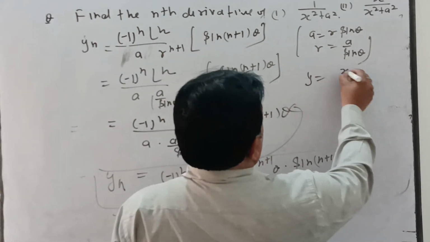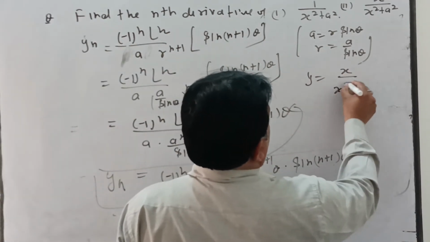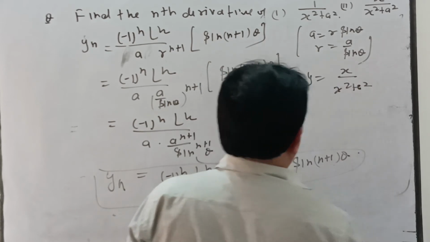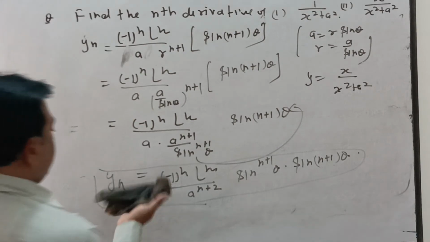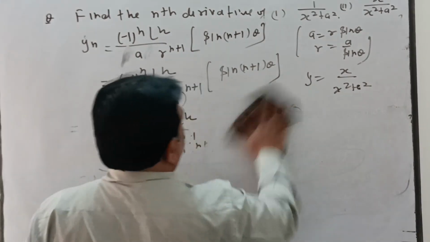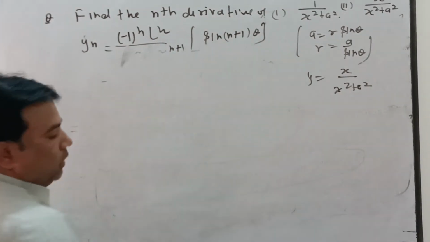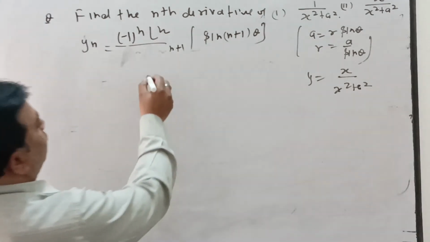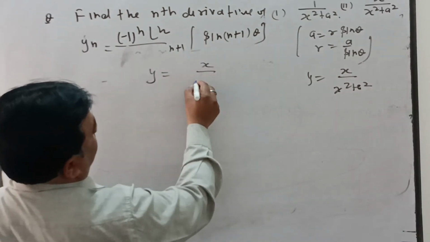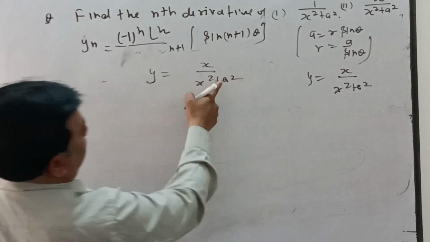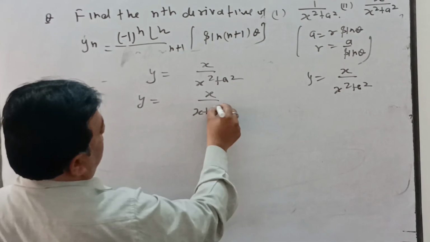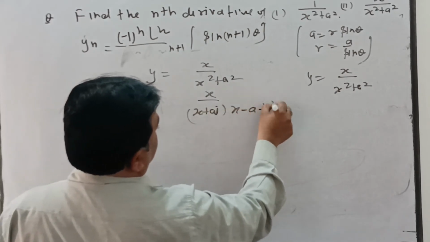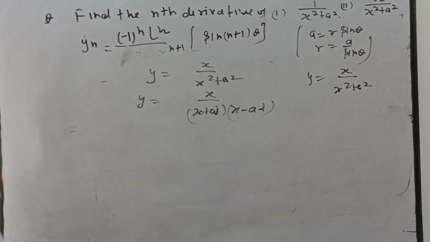The second is y equals x upon x squared plus a squared. Okay, we have completed some of this, but the same question you should do yourself. If y equals x upon x squared plus a squared, we factorize again: x upon (x + ai)(x - ai).